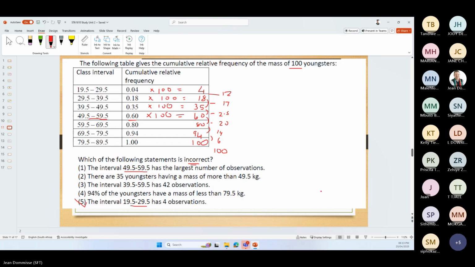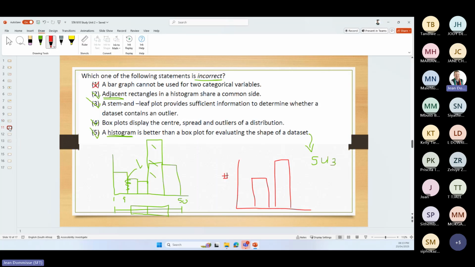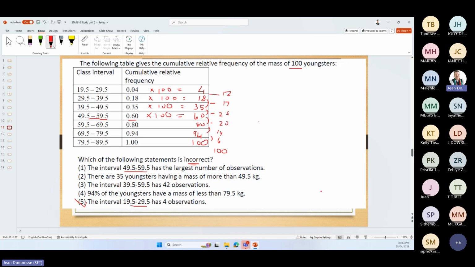Okay, let's quickly go back to that. So hopefully now move slides on your side. So we can see, yes, in that category, 25 was the biggest number of students or youngsters.